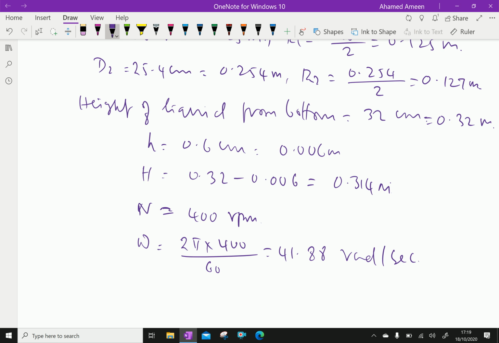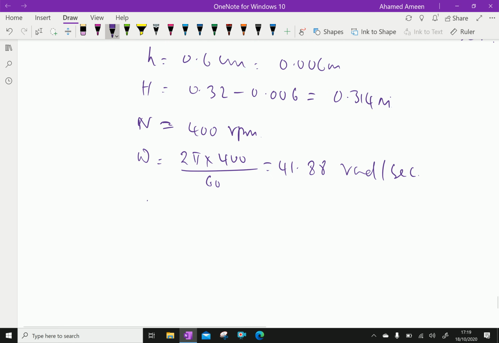Then the torque applied is given as 5.85 Newton meter.